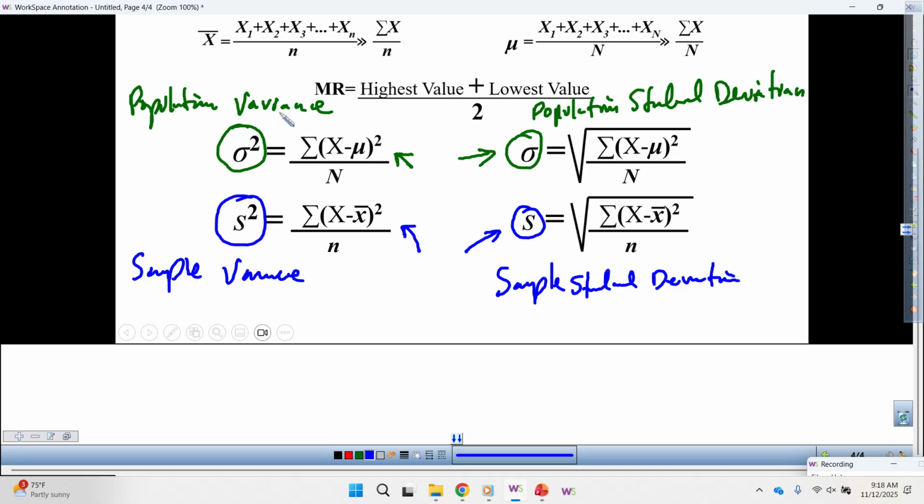Now, look up in case you didn't see the obvious. If this one is population variance and this one's sample variance, what's the difference from one formula to the other? Talk to your neighbor. Gio, what's the difference from this one to this one?